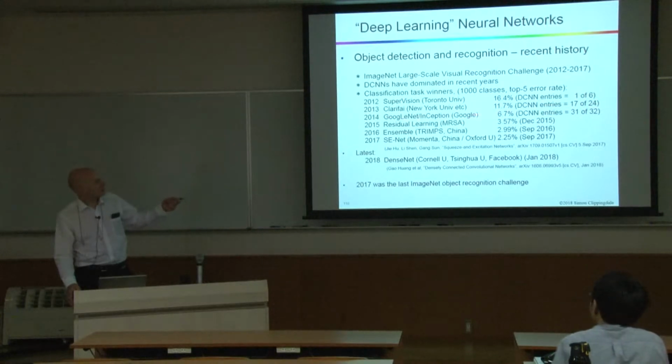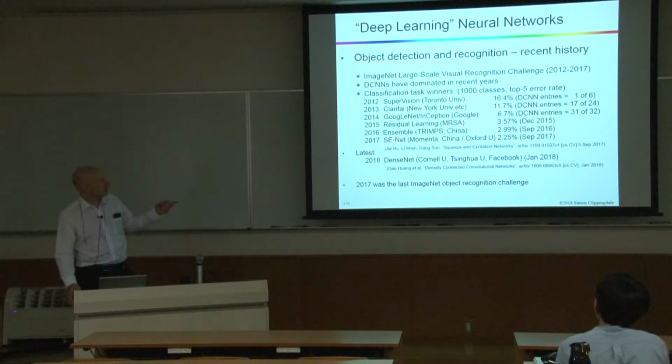GoogleNet, the next year, got it down to nearly half. And this time, 31 of 32 entries were deep learning networks. Residual learning from Microsoft got the error down to 3.5%, under 3% for this thing in September 2016.